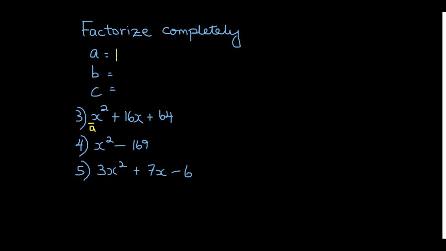Lovely. And don't forget our signs. Those signs come in really significant in the process, right? So B is 16, and like I was highlighting here, B is the coefficient of x, and the sign is also going to be important.